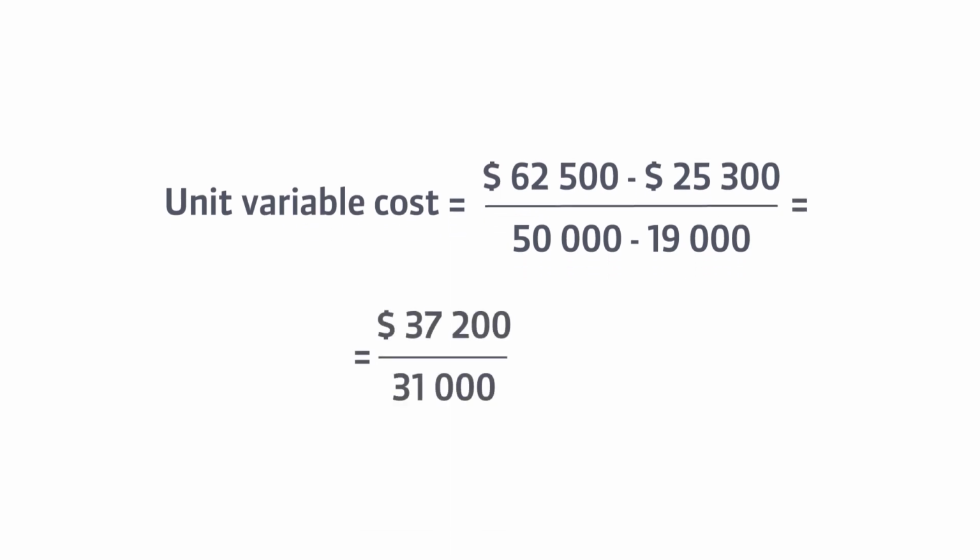The difference in maintenance costs is $37,200 and the difference in miles is 31,000. Therefore, the variable cost per unit is $1.2.